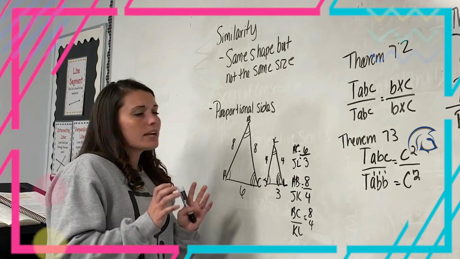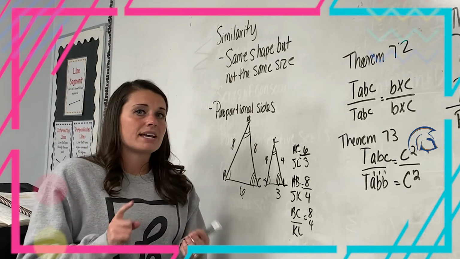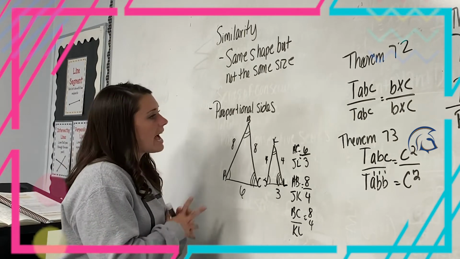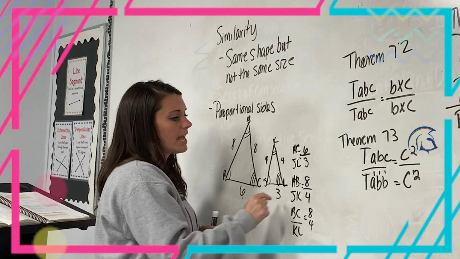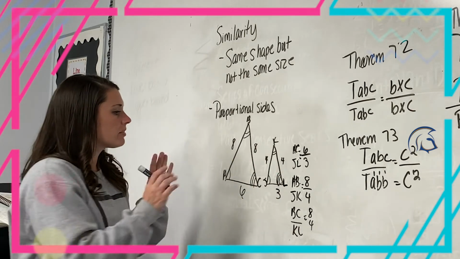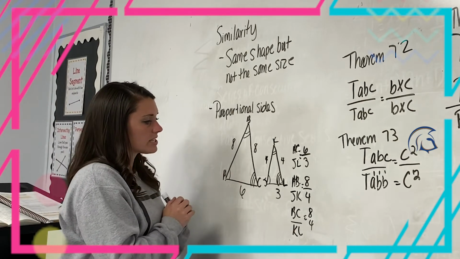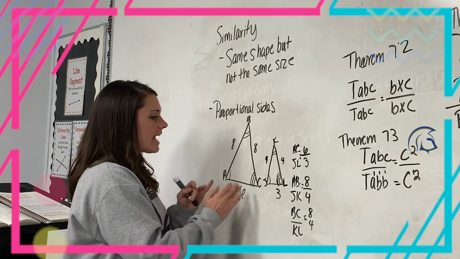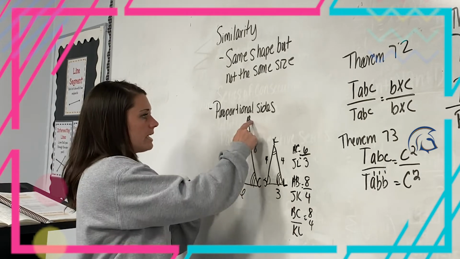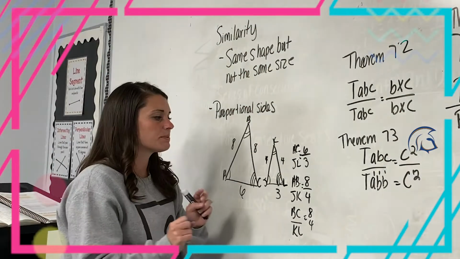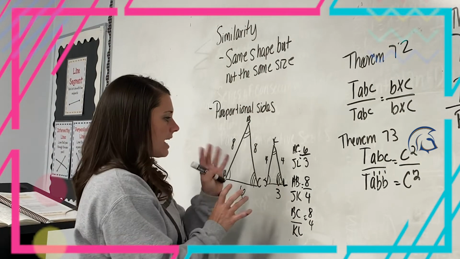So you look at the corresponding sides of the two figures. I have triangles A, B, and C, and in this one it's J, K, and L. If I'm looking at these two triangles, I can see that AC corresponds with JL, AB corresponds with JK, and BC corresponds with KL.